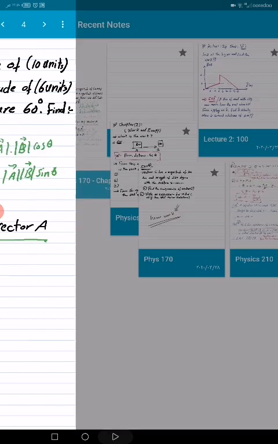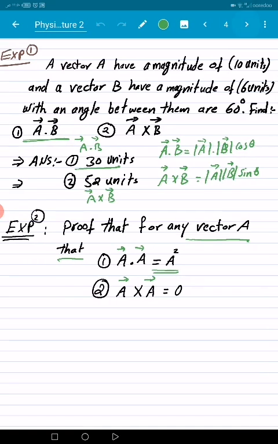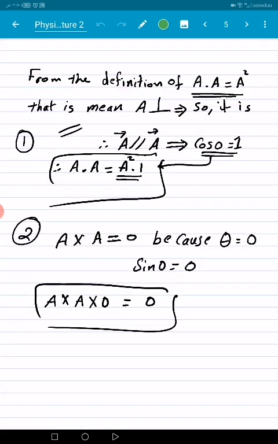Okay, so from the definition or from the example, A dot A is equal to A squared, not 0. From the definition it equals 0 when it is perpendicular.